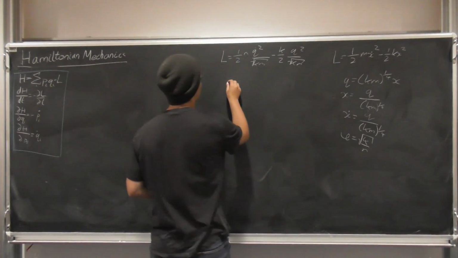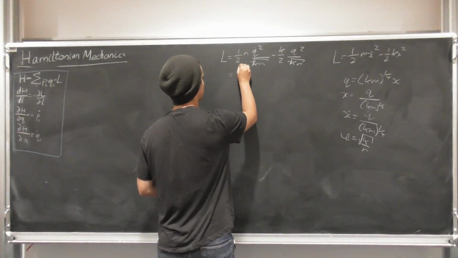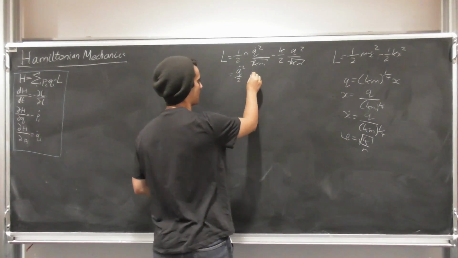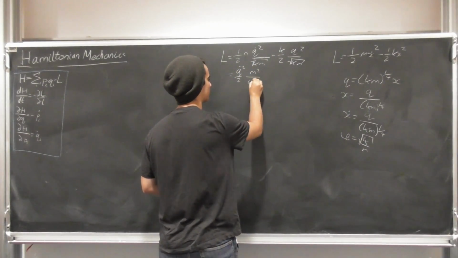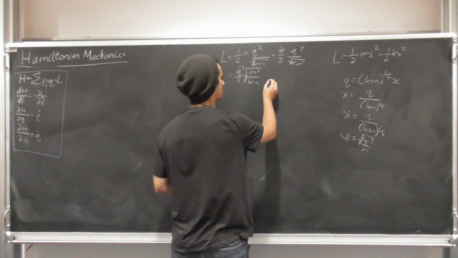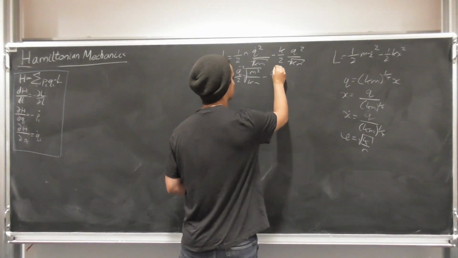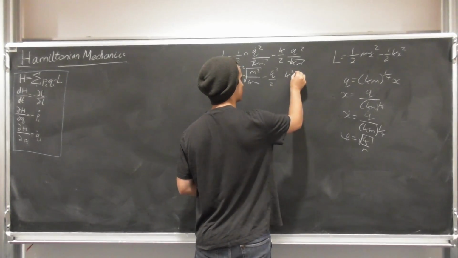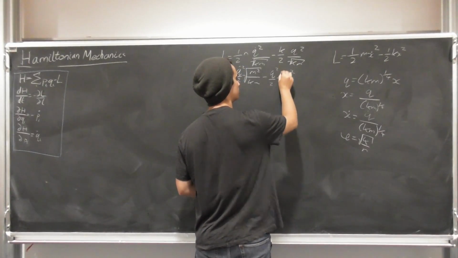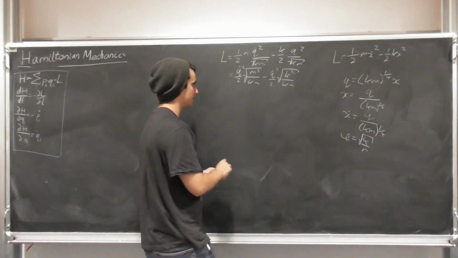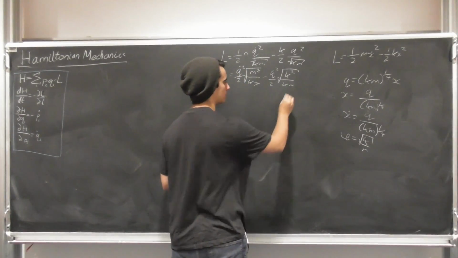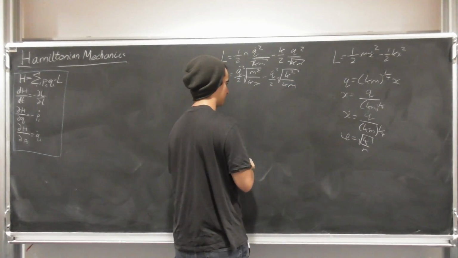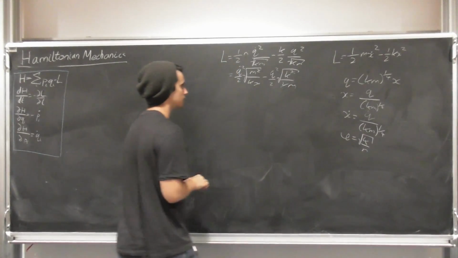Right, and so looking at our Lagrangian again, we'll get q dot squared over 2. We'll bring this m inside the square root, and then we'll get m squared over km to be rooted. Similarly, we'll get minus q squared over 2, and bring this k in, and we'll get k squared over km to be rooted. This m will cancel with this m squared. This k will cancel with this k squared.